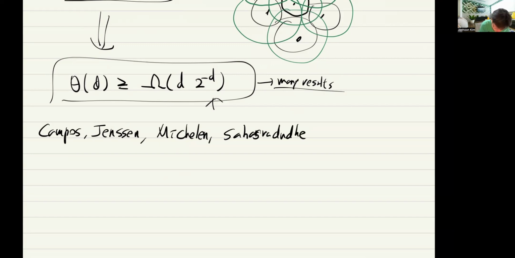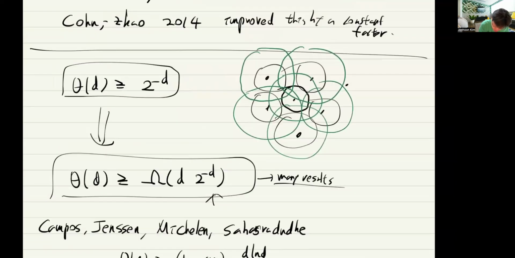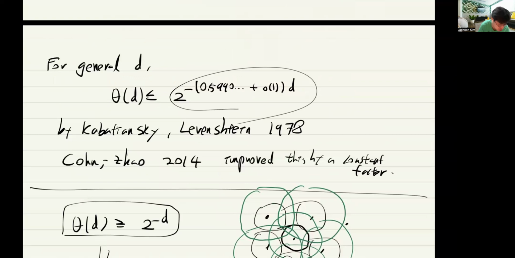They proved that it is like 1 minus o(1) times d log d divided by 2 to the d plus 1. So instead of just multiplying by d, they show that you can even multiply by d log d. But still, you can see that the lower bound and upper bound are exponentially far apart.